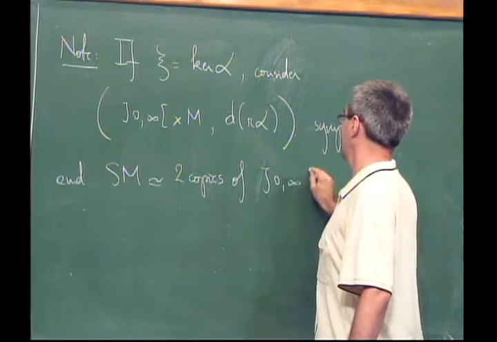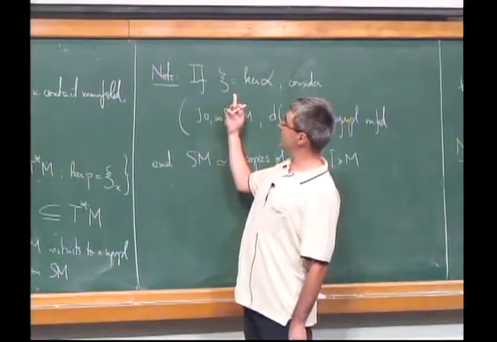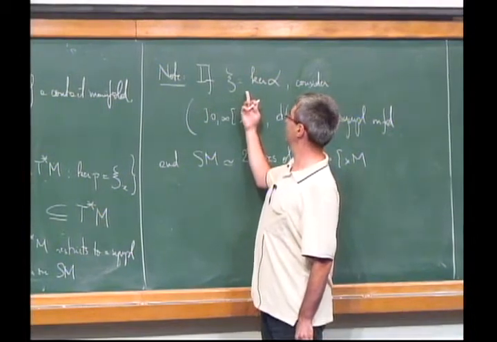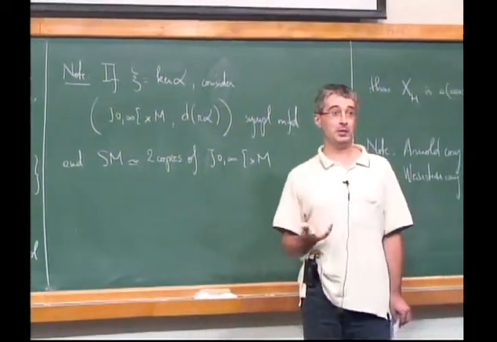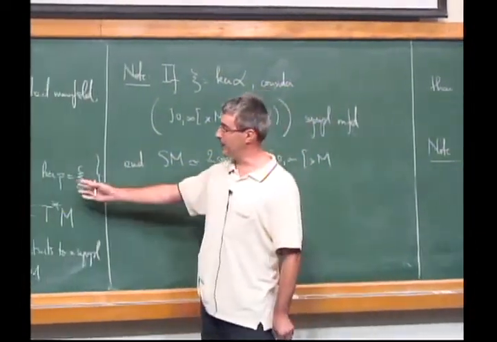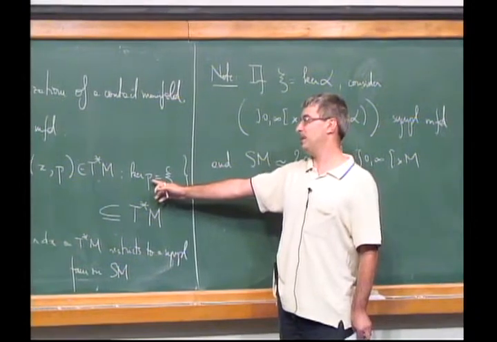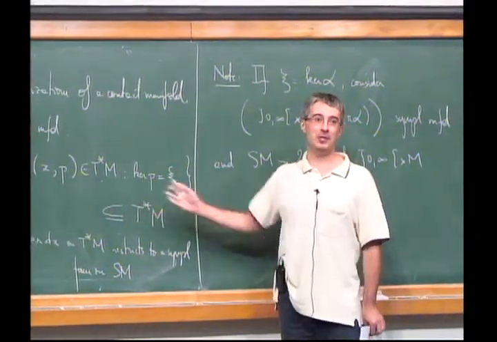(0, infinity) cross M. So why two copies? It's because by choosing such an alpha, I have chosen a co-orientation for xi, and here I have not specified whether in that direction p is positive or negative.